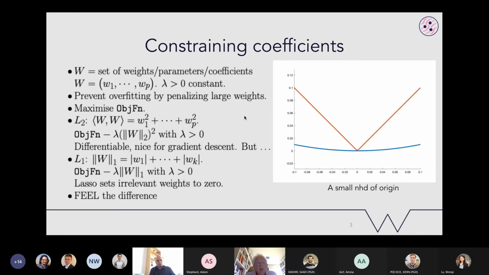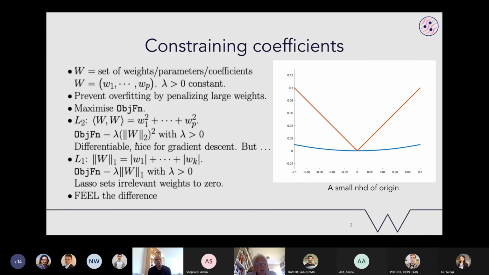So first of all, Adam talked about regularization, which is putting a penalty on the weights, which are also called parameters or coefficients, when these weights get too big. So you just take a constant lambda, which you choose depending on the kind of data you have available.